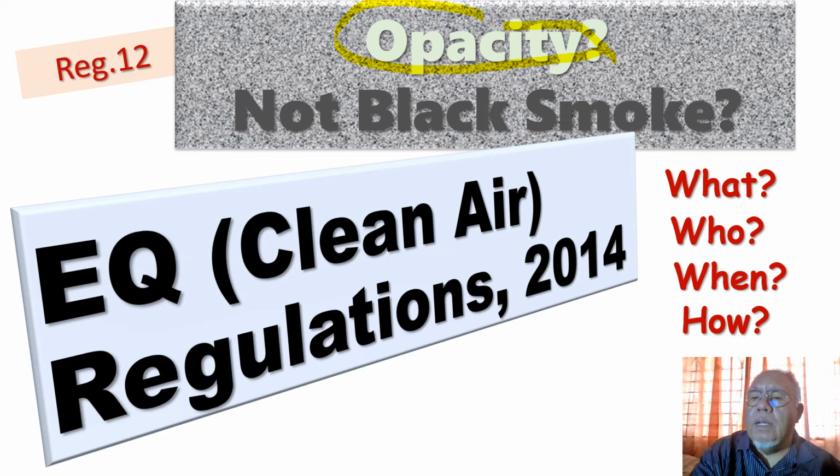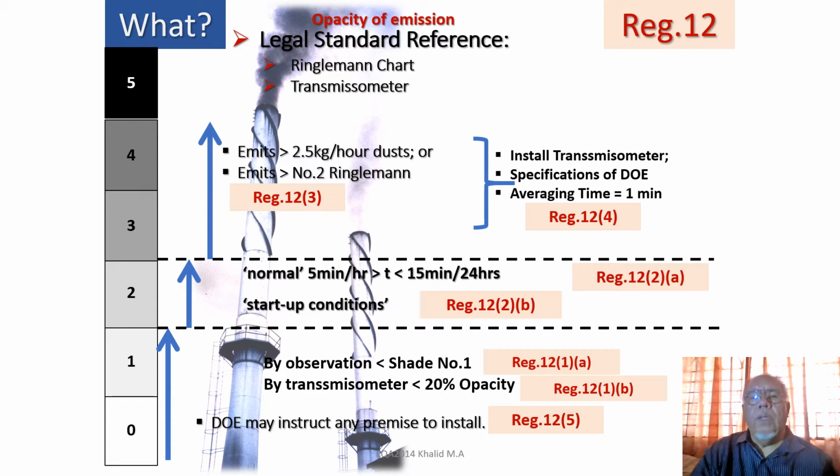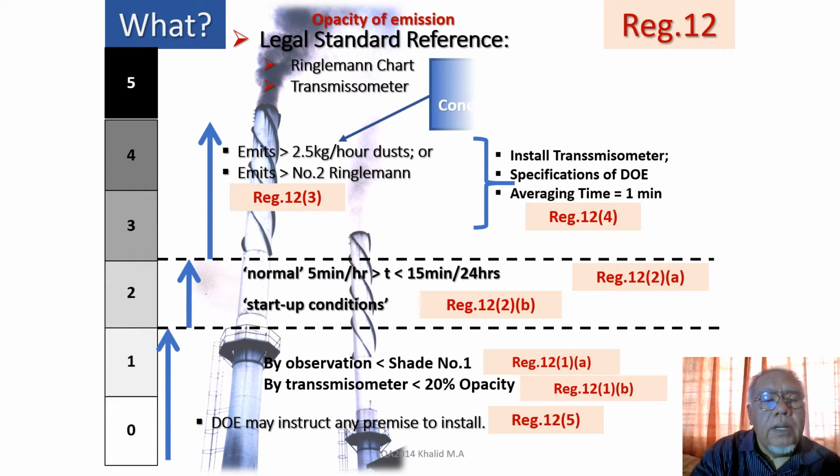What have we got here? Right. Welcome to Regulation 12. Ini salah satu perkara yang sangat penting dalam Clean Air Regulation 2014. Kalau you perhatikan, remember not Ringelmann chart yang you pakai tu 0 lah, alright?